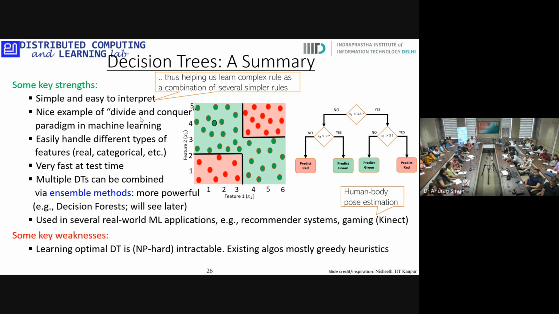Most of the existing algorithms are greedy and heuristic. So it can sometimes become very complex unless some pruning is applied. So that is about decision trees. Other lectures won't describe this model, so I hope this is a good piece of information for your experience in this workshop.